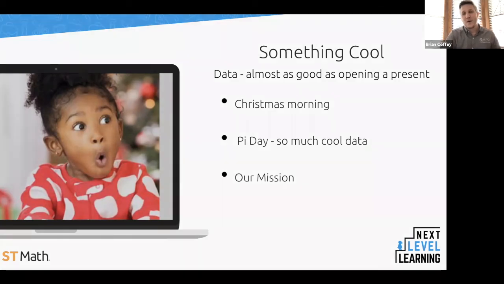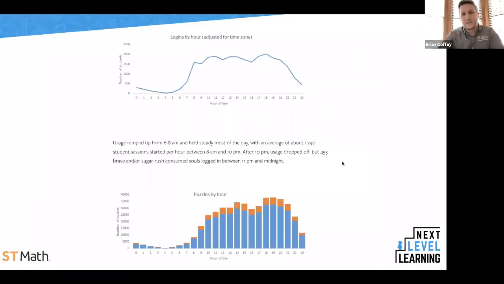So check this out. This is Christmas morning. This graph right here, 7 o'clock in the morning, all of a sudden we have this spike happening with ST Math usage out of nowhere. And what happens is students are opening their presents and they get that new shiny device. And what do they do? They start playing ST Math and they do it all day. So it's kind of fun.